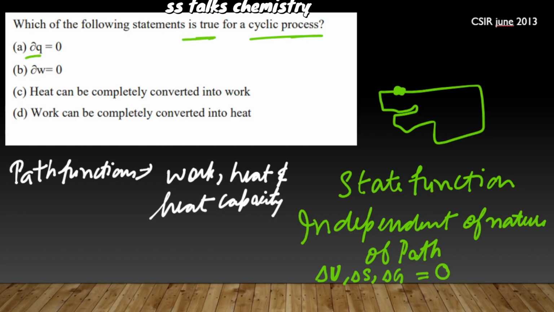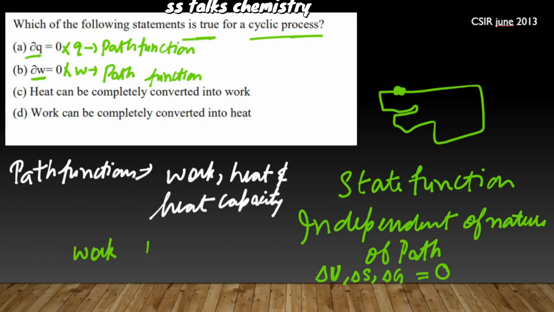So here del q is equal to 0 is given. That is not possible because q is your path function, not a state function. Had it been some state function, then we could write it. Similarly, the work done is given, and again it is your path function. So this statement is also not the true one, and is also incorrect. Next, heat can be completely converted into work, and statement B says work can be completely converted into heat.